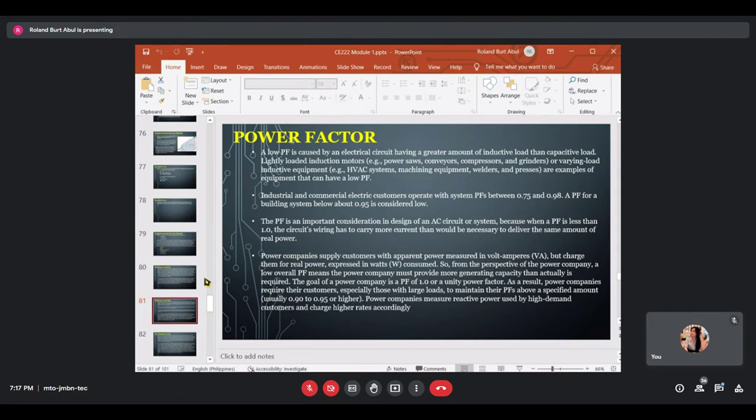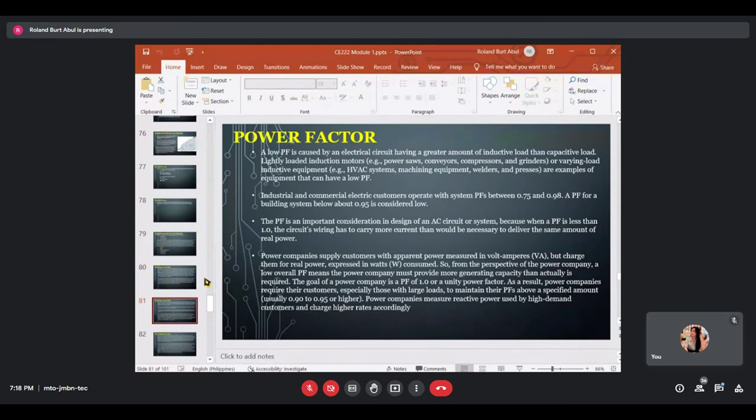Inductive circuits have a power factor of less than 1. As the amount of inductive load in a circuit increases, the PF decreases. The main contributor to a low PF is motors operated at less than full load. The power factor measures how effectively the power delivered is being used.